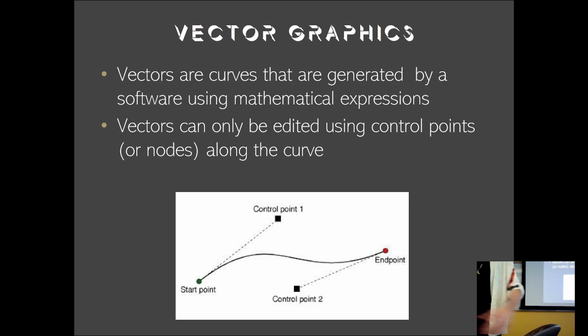So with vectors, and you may be using this with your logo, it's a path, right? We're not using pixels. It's a different sort of mathematical expression. So you can use nodes or control points to alter it. You'll see these sort of nodes and control point curves, curve editing capabilities.